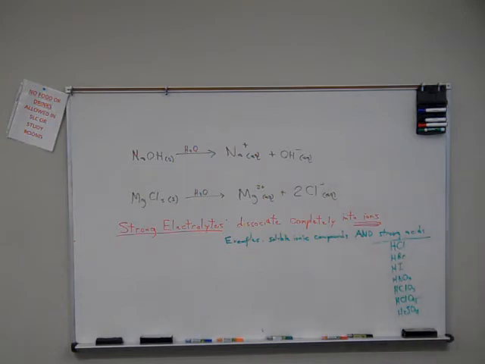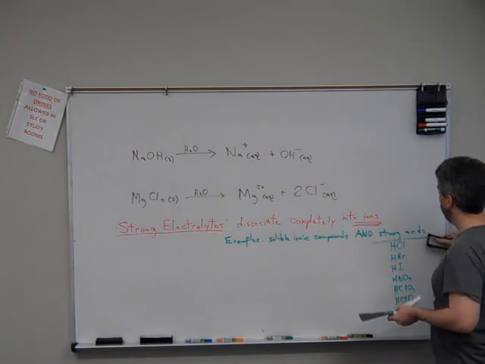Those are the only 7 strong acids. There are literally millions of weak acids. So soluble ionic compounds and strong acids are strong electrolytes.